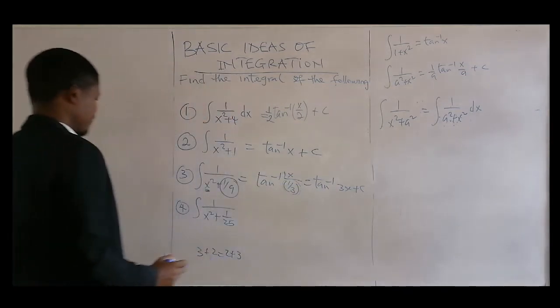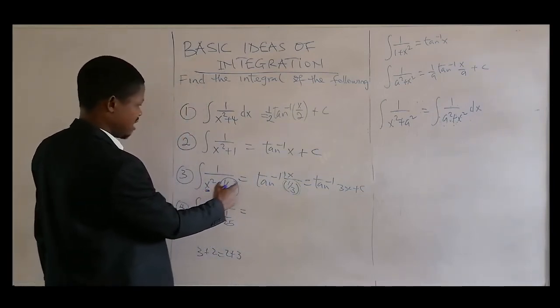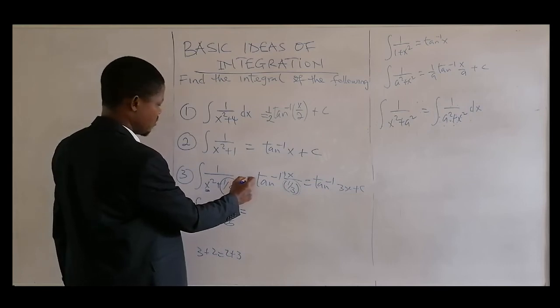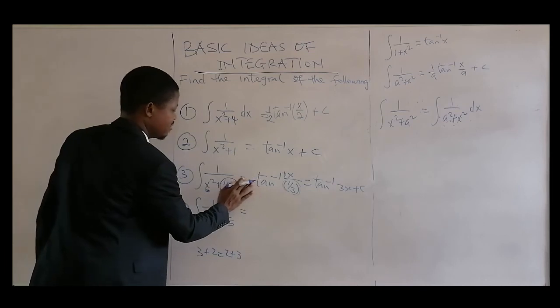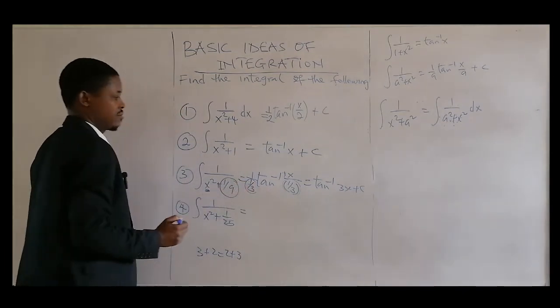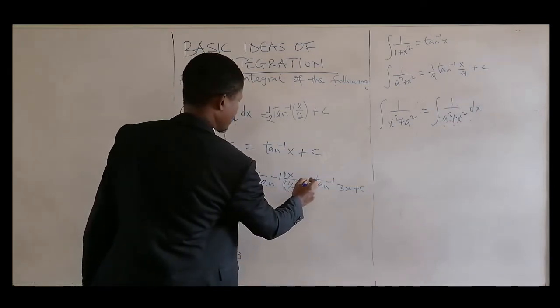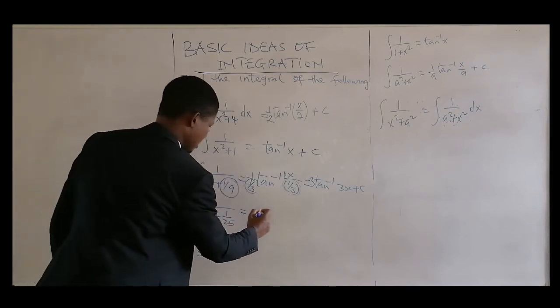This one also, 1 over a will be 3 for that one. Let me make it clearer. This will be 1 over 1 over 3, so 1 over a over 3, and here it will be 3.